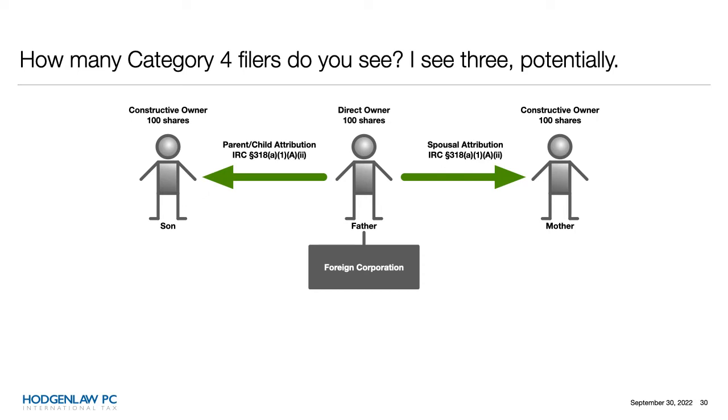Child is also treated as the constructive owner of those 100 shares because of parent-child attribution. So what do you have? You have a potential, if all three of these people are U.S. persons, to have 3 Category 4 filers, 3 people who are in control of the foreign corporation. Dad, the direct shareholder, and 2 constructive owners of the stock. And the constructive owners each are deemed to own 100% of the stock of the foreign corporation, constructively.